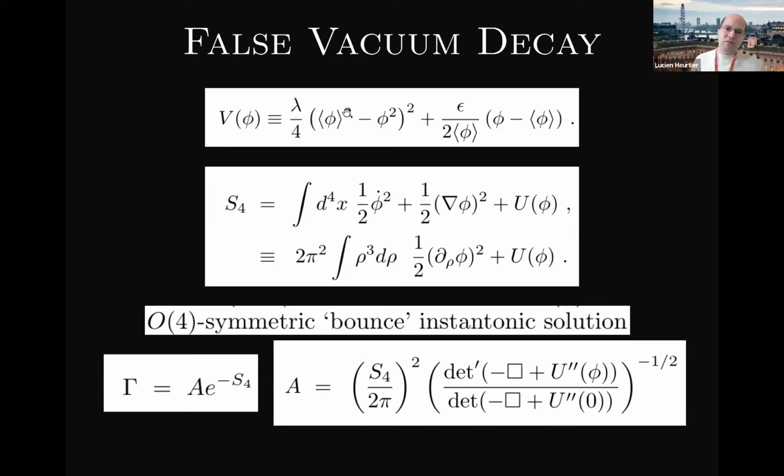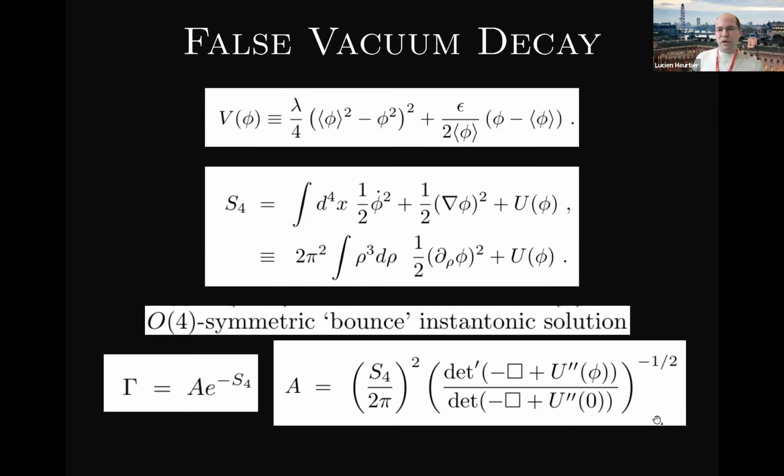And so what Coleman explained is that you can just write down your action for the scalar field and look for symmetric solutions in Euclidean time, in Euclidean space, and that's the so-called bounce instanton solution, which will interpolate between one minimum and the other.